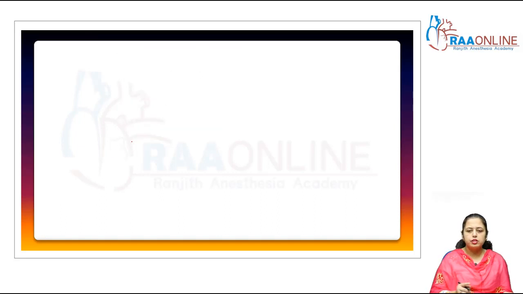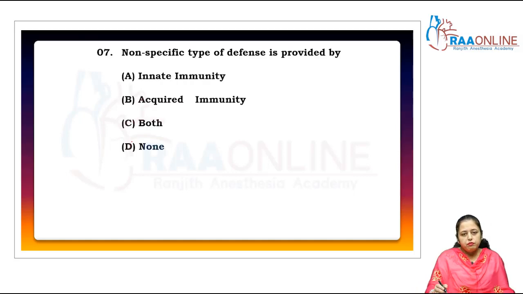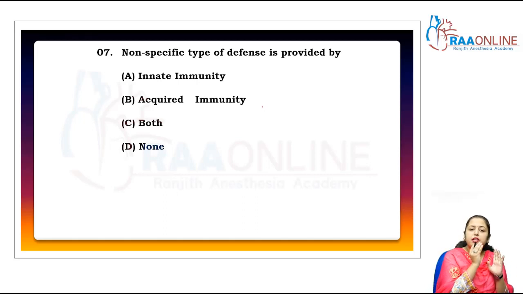Come to the next question. When we talk about the non-specific type of defense, which is provided by, right? There are two types of defense mechanism in our body, specific and non-specific. Non-specific means it is not specified for some kind of bacteria or some kind of virus, right?